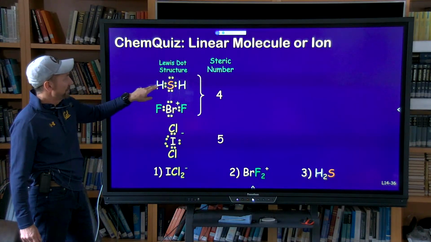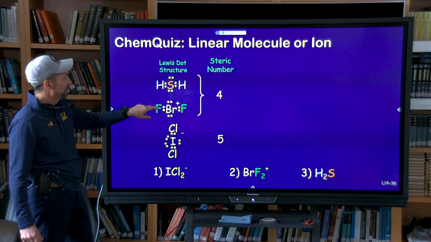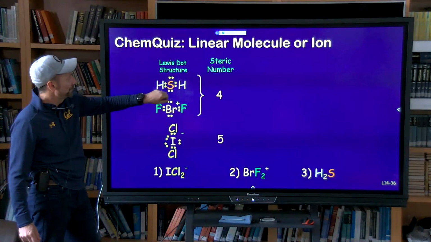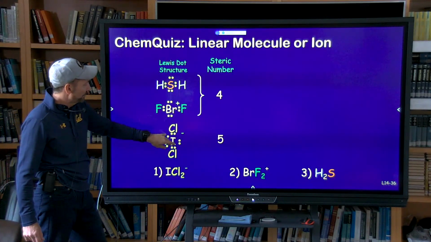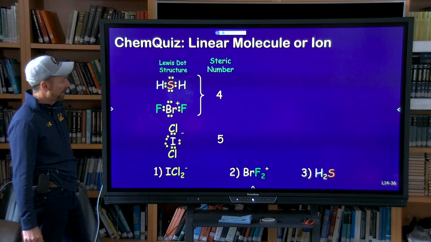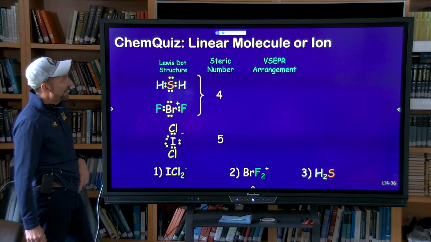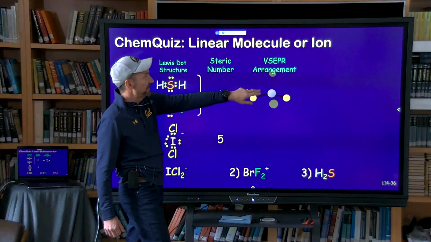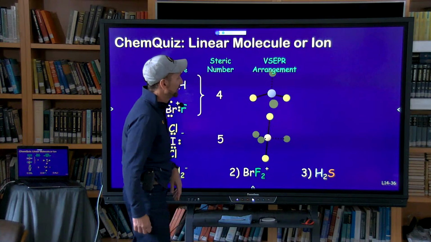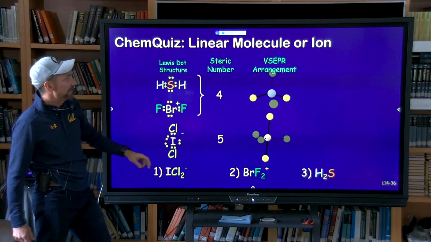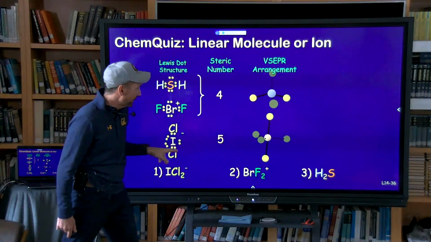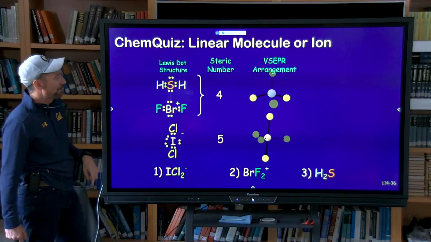One, two, three, four; one, two, three, four. Two lone pairs, two bonded atoms; two lone pairs, two bonded atoms; three lone pairs, steric number 5. Then I draw the VSEPR arrangement. For steric number 4 it is tetrahedral, and for steric number 5 it is trigonal bipyramidal.